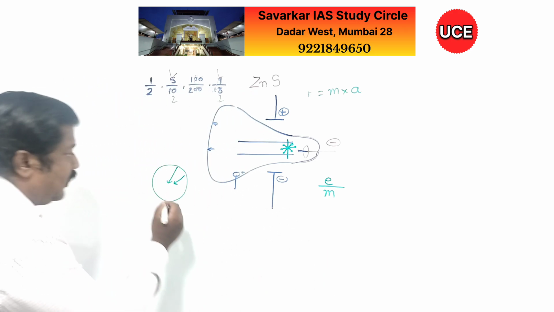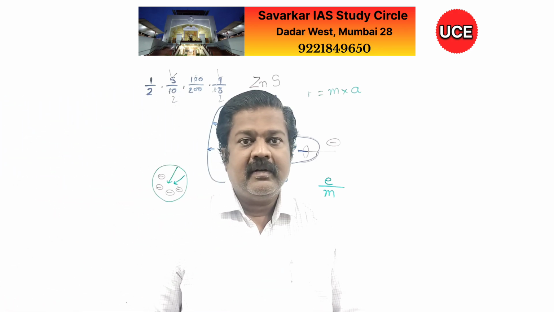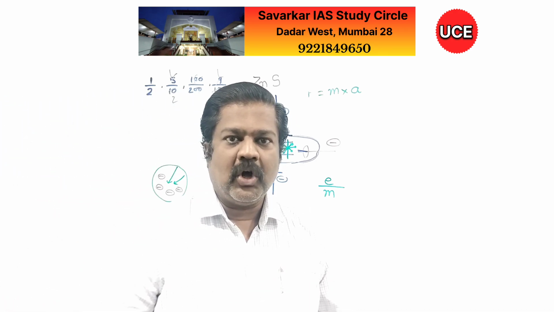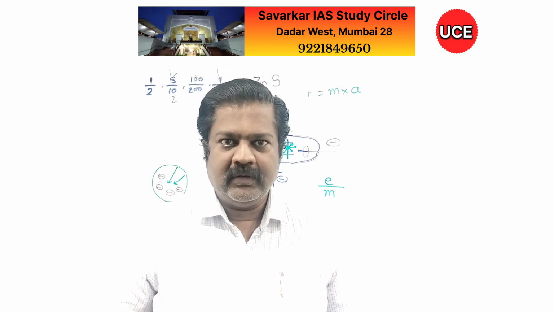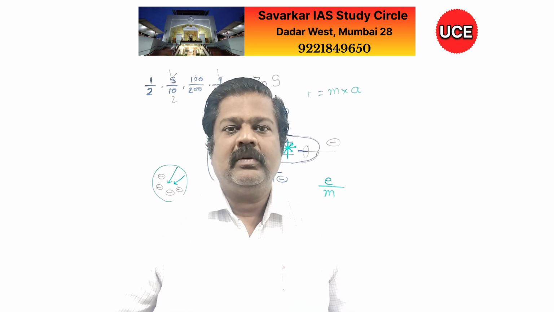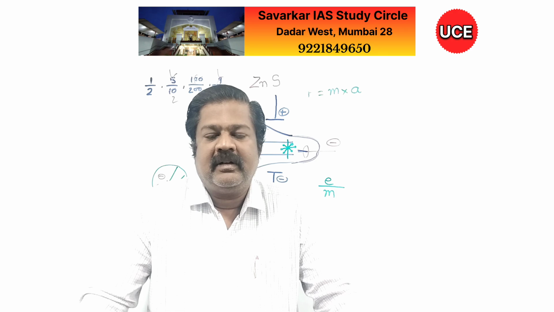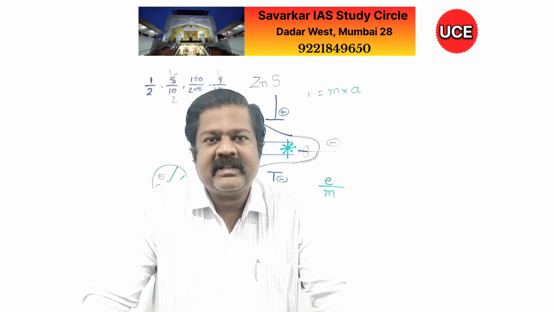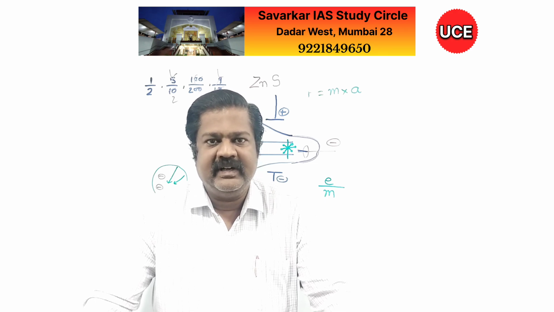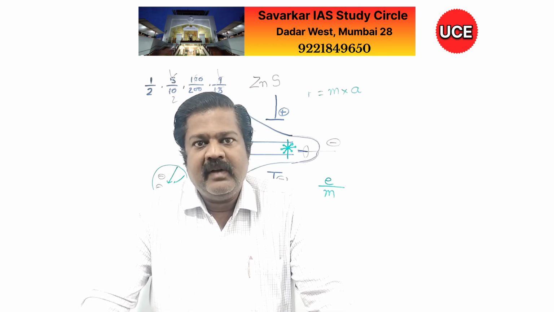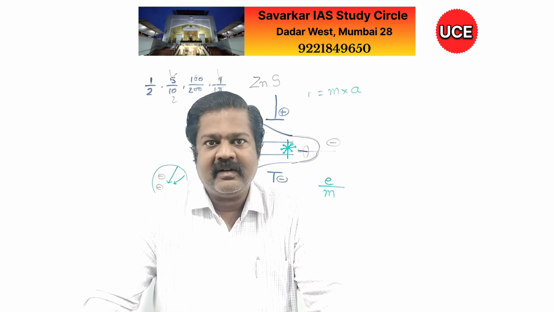And he says negatively charged electrons are embedded in between, like seeds in a watermelon. Therefore this model is known as the watermelon model. This model is able to explain the electrical neutrality of an atom, but only that.